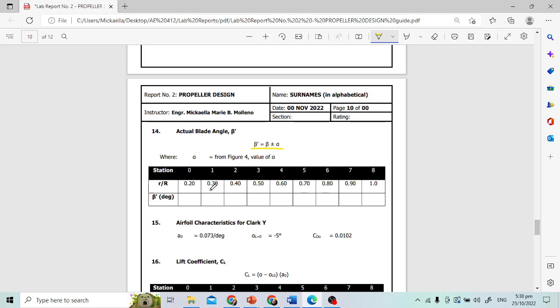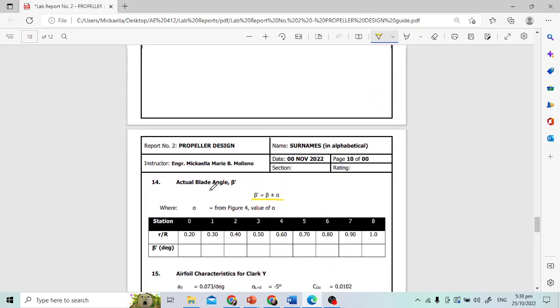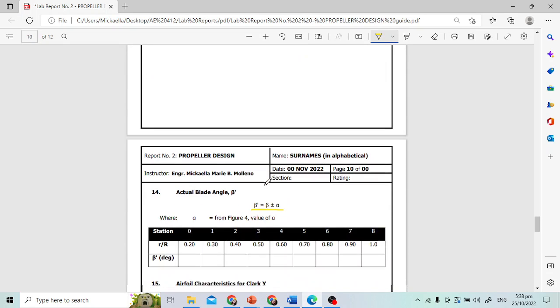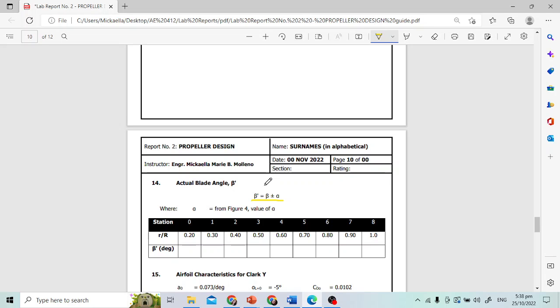So, you would be able to get the actual blade angle per station using the formula. Plus minus siya kasi yung value ng ating alpha is may positive and may negative. So, kaya siya naka plus or minus there.